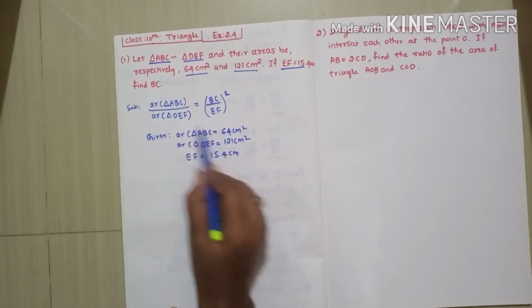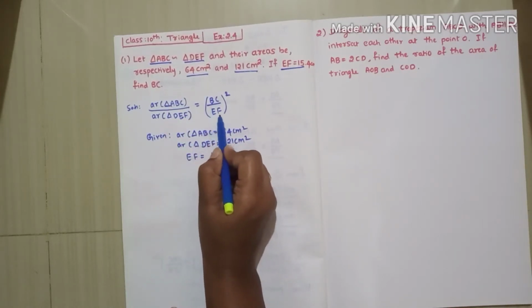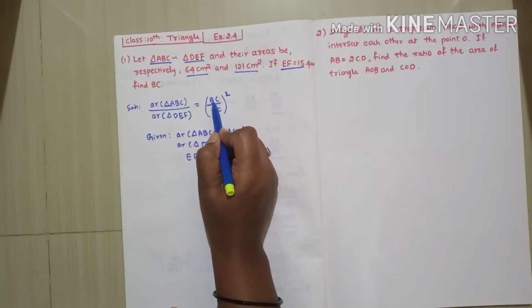Now we will substitute and find BC. Area of triangle ABC we know, area of triangle DEF we know, and EF they have given, and BC we have to calculate.